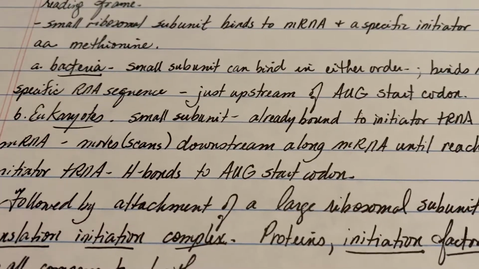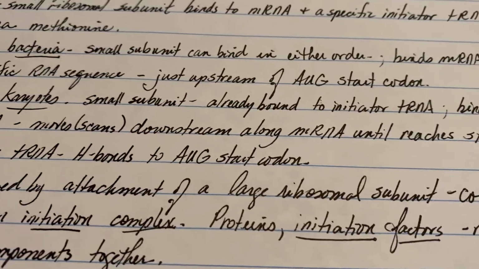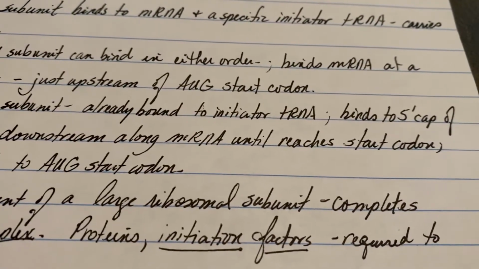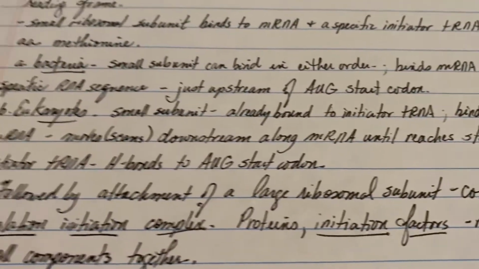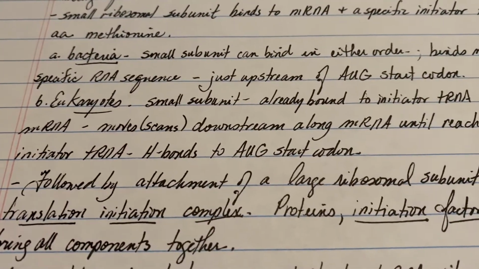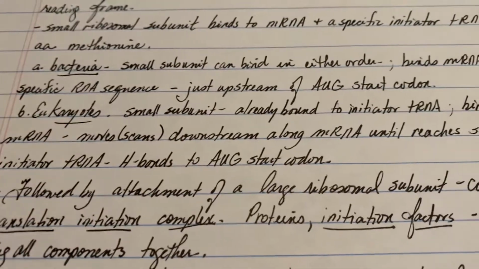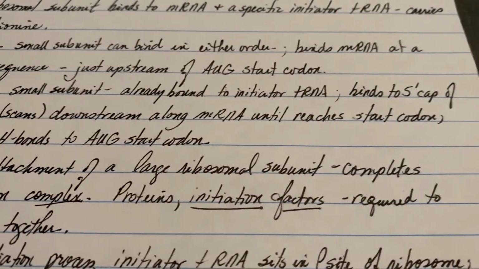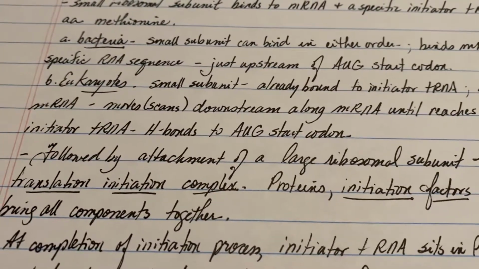In eukaryotes, the small subunit is already bound to initiator transfer RNA and then binds to the 5' cap of the messenger RNA. Then it moves downstream along the messenger RNA until it reaches the start codon.